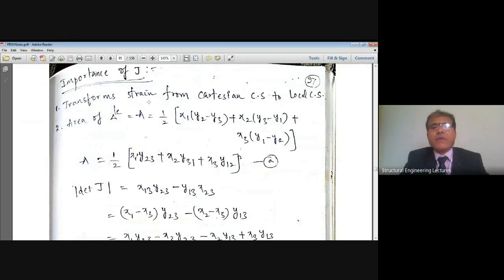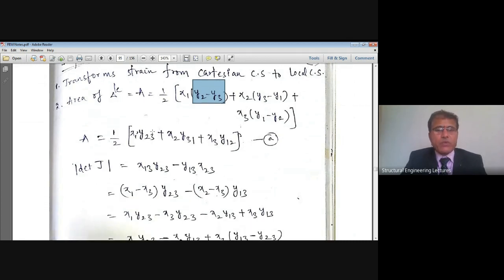How can the area of the triangle from the Cartesian coordinates be written for the triangle having x1 y1, x2 y2, x3 y3 as the Cartesian coordinates? It is half of x1 multiplied by y2 minus y3, plus x2 multiplied by y3 minus y1, plus x3 multiplied by y1 minus y2. That we already know. Or using that notation, y2 minus y3 is notated by y23.